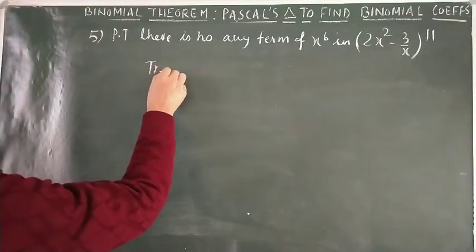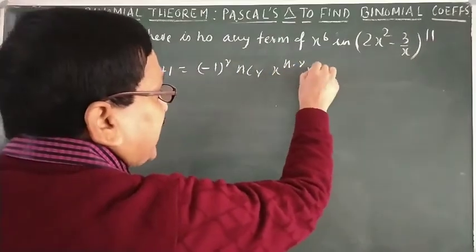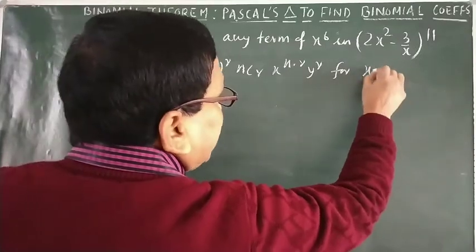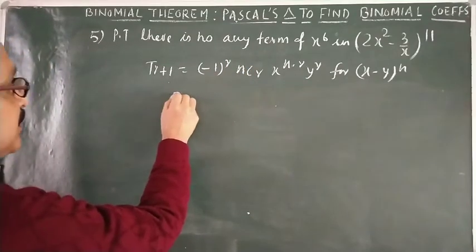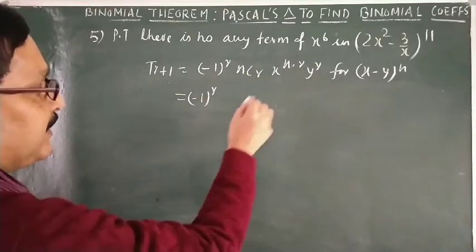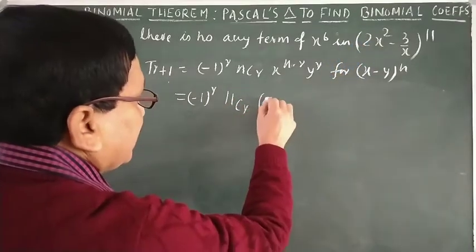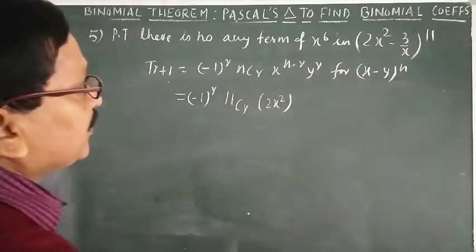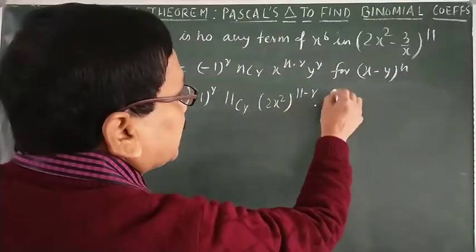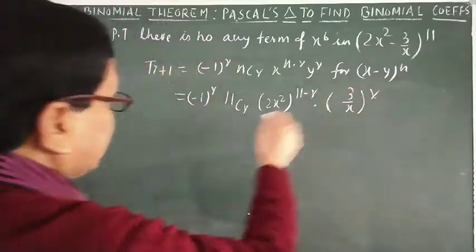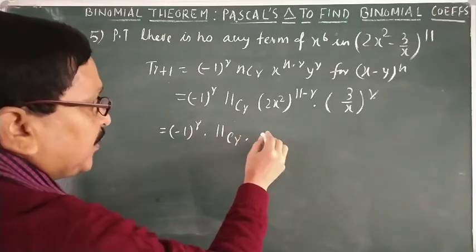So write T(r+1) equal to minus 1 to the power r nCr x to the power n minus r y to the power r for (x minus y) to the power n. I have already discussed all this in the first video. So this is minus 1 to the power r, n is 11, 11Cr, in place of x, 2x squared to the power 11 minus r, into y, 3 by x to the power r.